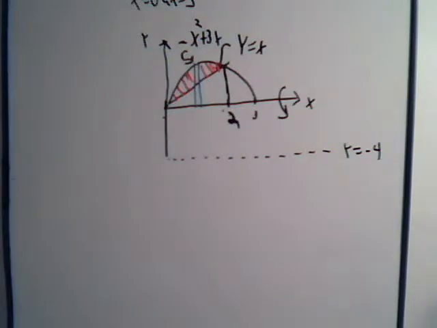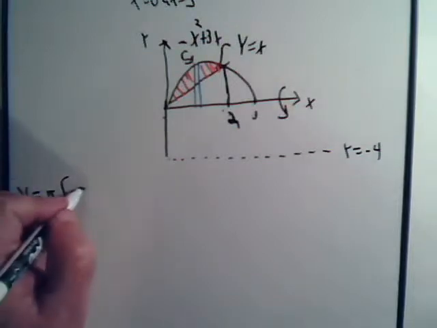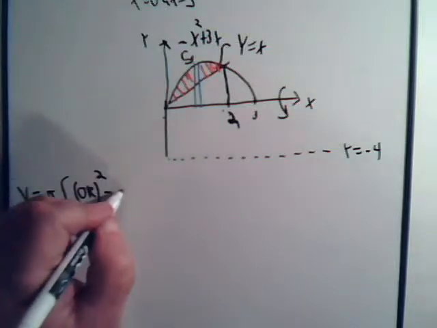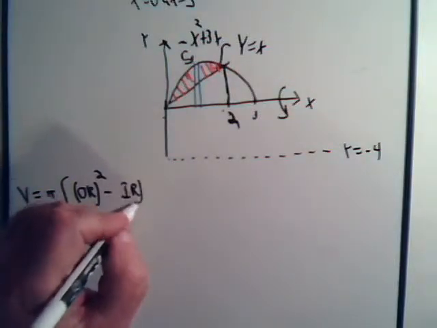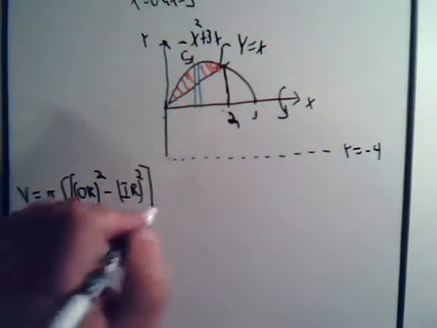And then our volume integral equals pi, the integral of the outer radius squared minus the inner radius squared, dx.